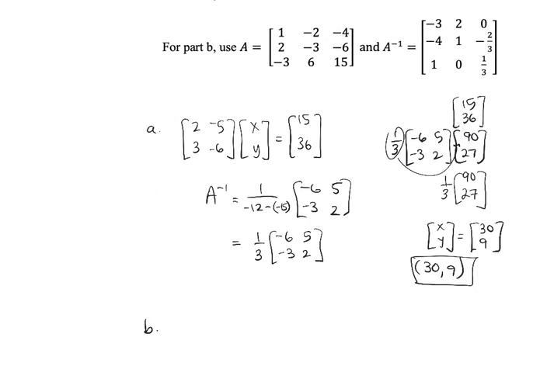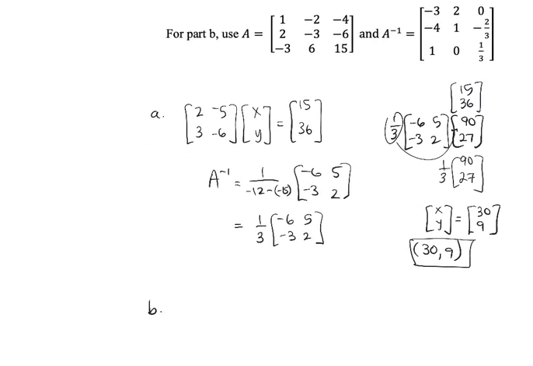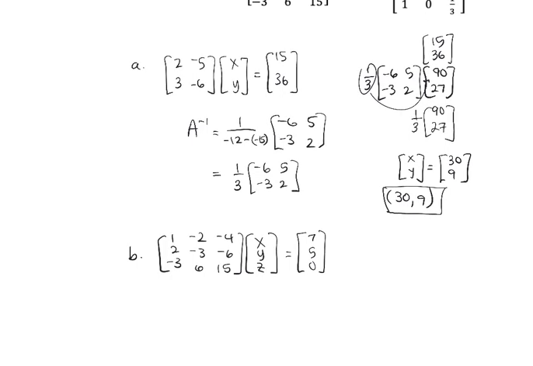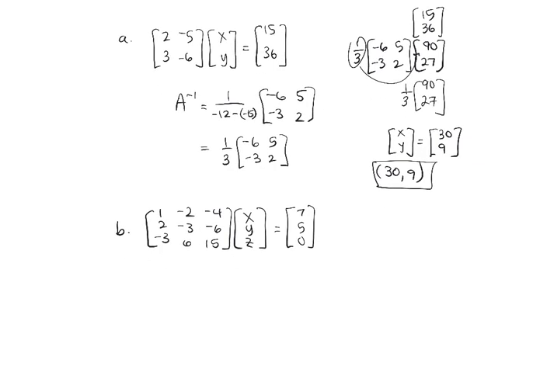For part B, we set up our matrix equation. And instead of having to go through the process of finding the inverse of a 3 by 3, the inverse is given to us.